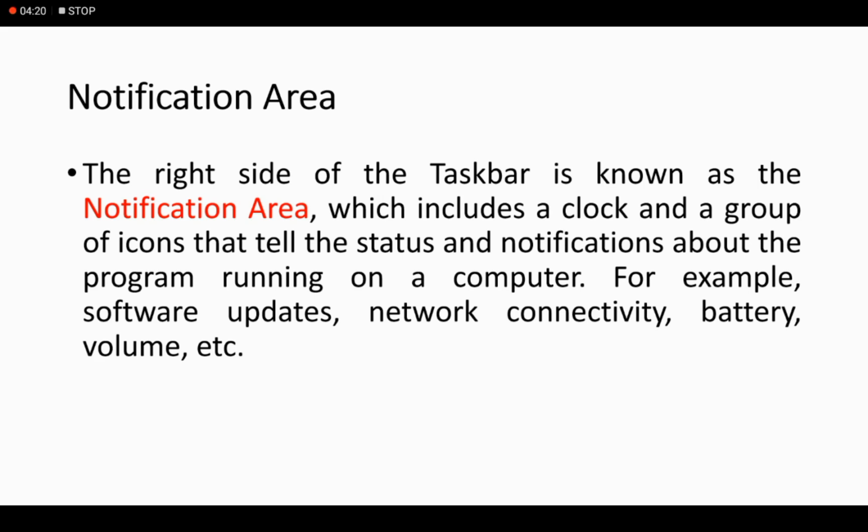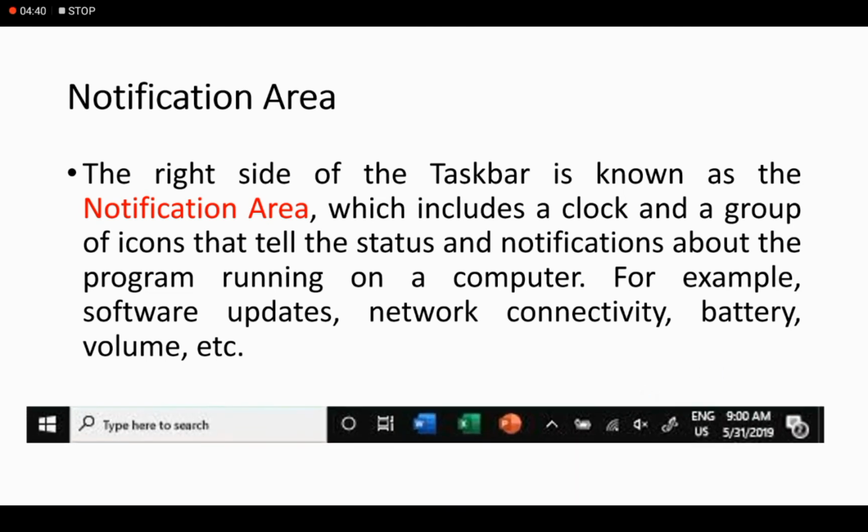The right side of the taskbar is known as the notification area, which includes a clock and a group of icons that tell the status and notifications about the programs running on a computer. For example, software updates, network connectivity, battery, volume, etc. So as you can see on the taskbar, this is your notification area.